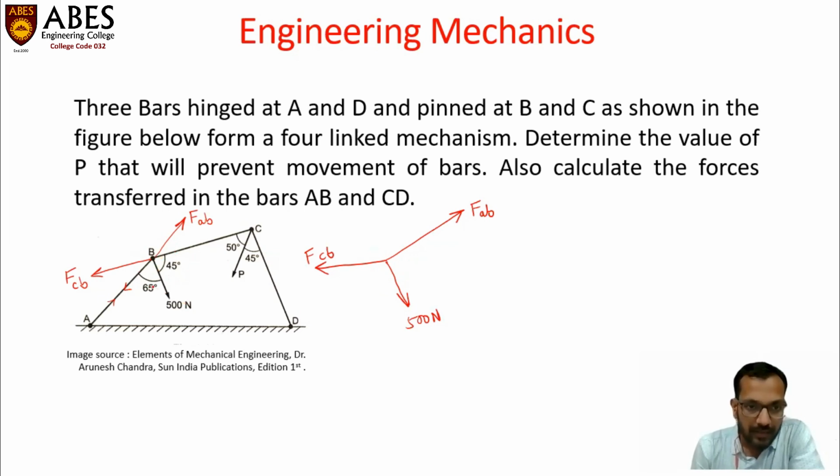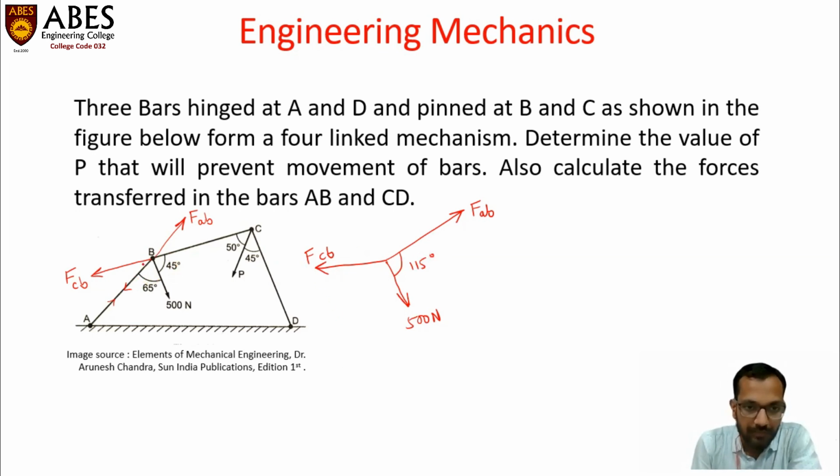We can see here that this angle is 65 degrees. Therefore, the remaining angle, because A, B up to this point is clearly a straight line, and this angle is 65, the remaining angle here should be 115 degrees, meaning 180 minus 65 degrees, which is equal to 115 degrees.